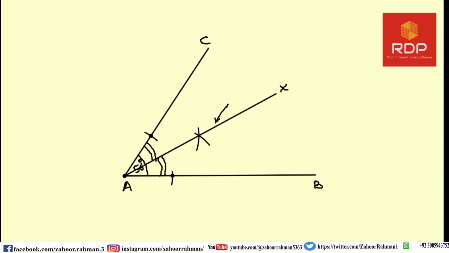Third question is saying that you have to construct triangle ABC. This is now question number 3, in which AB is equal to 8 centimeters.